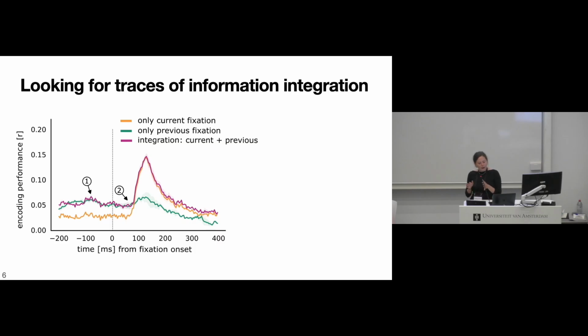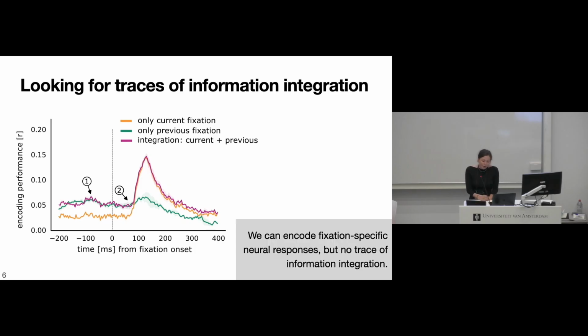So when you look at the encoding trajectory of the integration, the pink curve, you really see that the encoding performance just consists of the two components, the previous and the current, but nowhere do you find a boost in encoding performance. So yes, we can encode fixation-specific neural responses, but we did not find any traces of information integration.